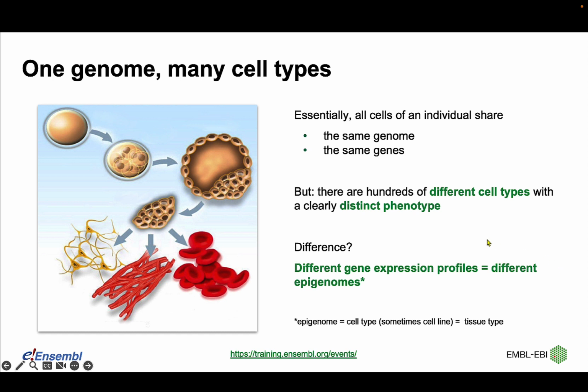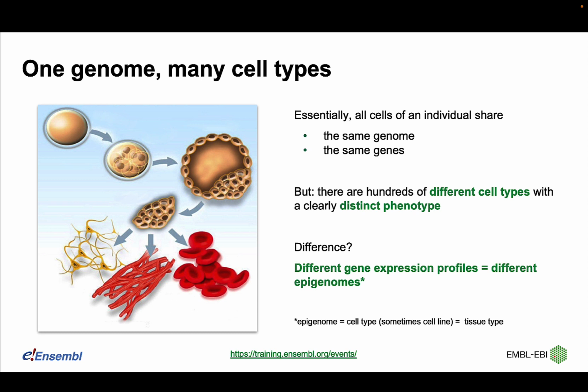So if we consider the diverse number of blood cell types, for example, they all have very distinct functions. We have red blood cells, which are important in oxygen transport. We have basophils, a type of white blood cell, which are involved in allergic reactions. We have B lymphocytes, which are involved in antibody production.